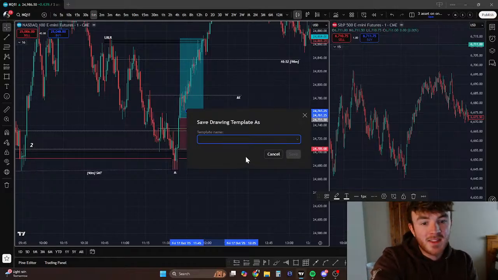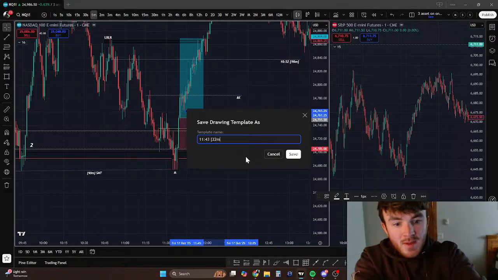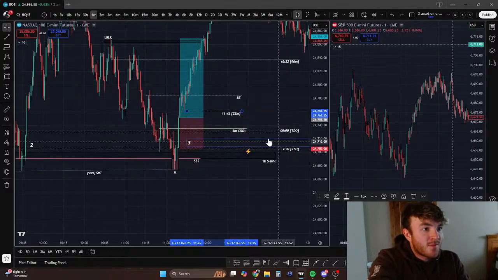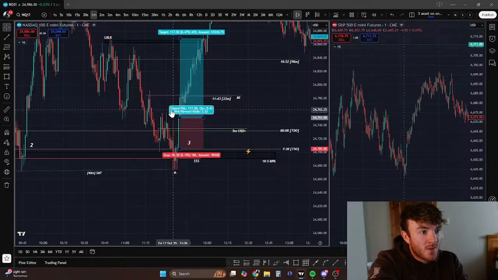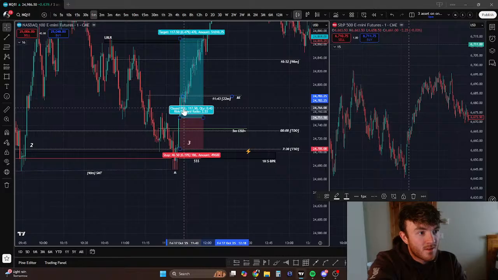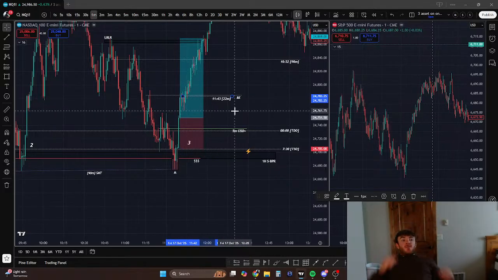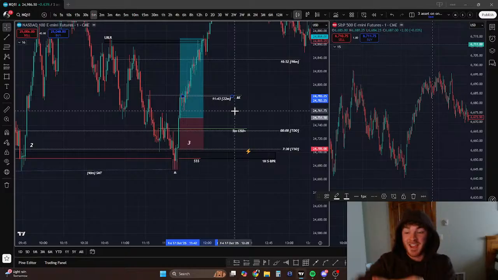So do you know why I think this is cool, guys? Because using this time as a reference point tells you 11:43 is a key time. We manipulate below it into our 2022 fair value gap perfectly after 11:43. Oh my gosh, what's 11:43, bro? What time is that? 1 plus 1 is 2, plus 4, 7. Wait.